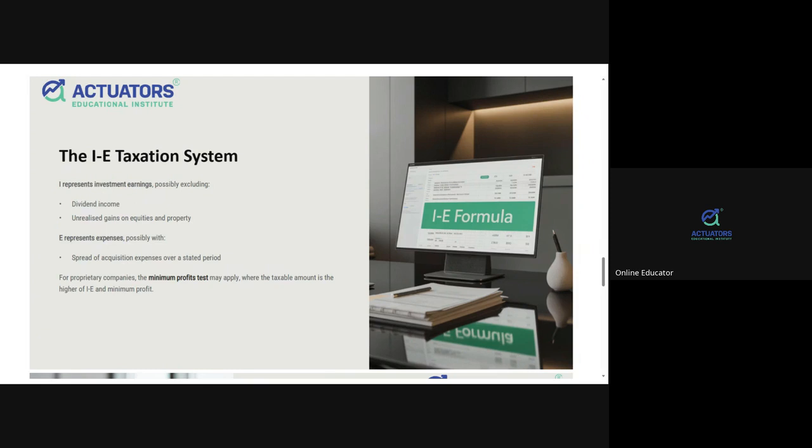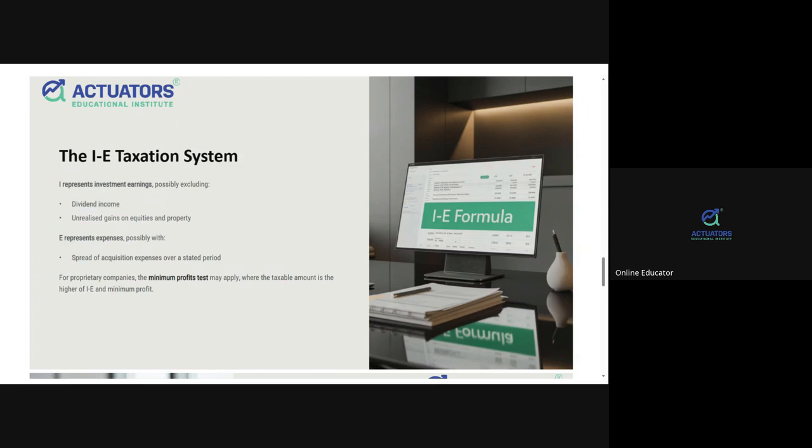So what we are doing right now is we started looking at the different taxation systems. First we talked about something called a trading profit. Trading profit is premiums minus claims minus expenses plus investment returns plus changes in reserves, changes in liabilities.